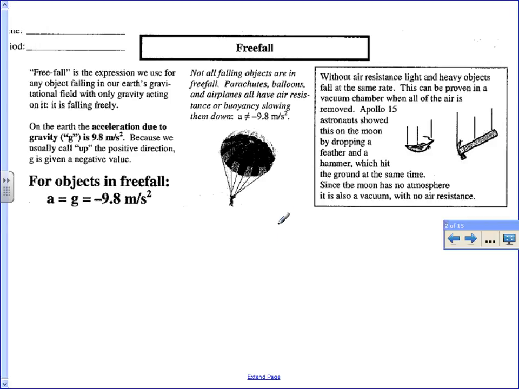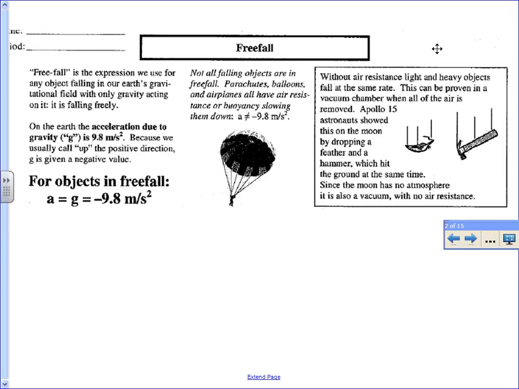Now, if we can take air resistance out of the equation, you can Google hammer and feather on the moon, and you will see Apollo 15, where the astronauts took a hammer and a feather and dropped them on the moon, where there's basically no atmosphere. It doesn't have enough gravitational attraction to create an atmosphere there and hold things in. So they fall just along with each other.